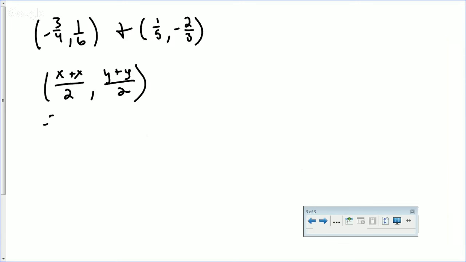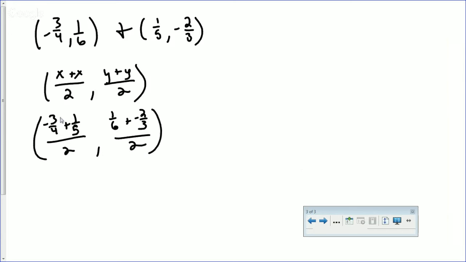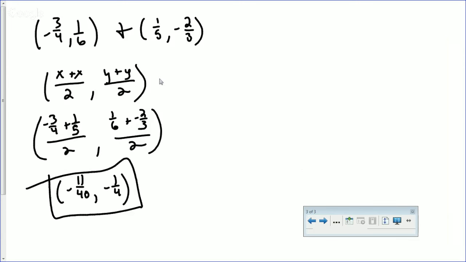So we have -3/4 plus 1/5 divided by 2, and we have 1/6 plus -2/3 divided by 2. Okay, and just put this in on the calculator, and you'll get -11/40 and -1/4. That is the midpoint between the two.